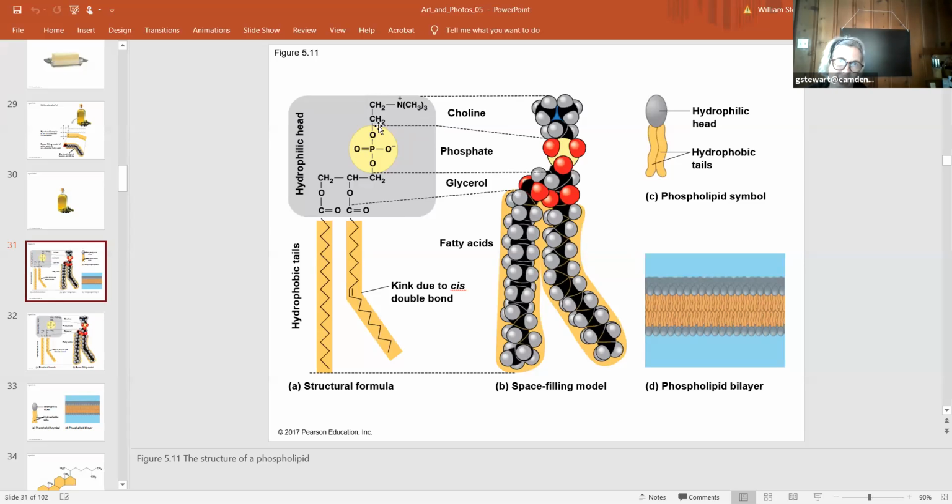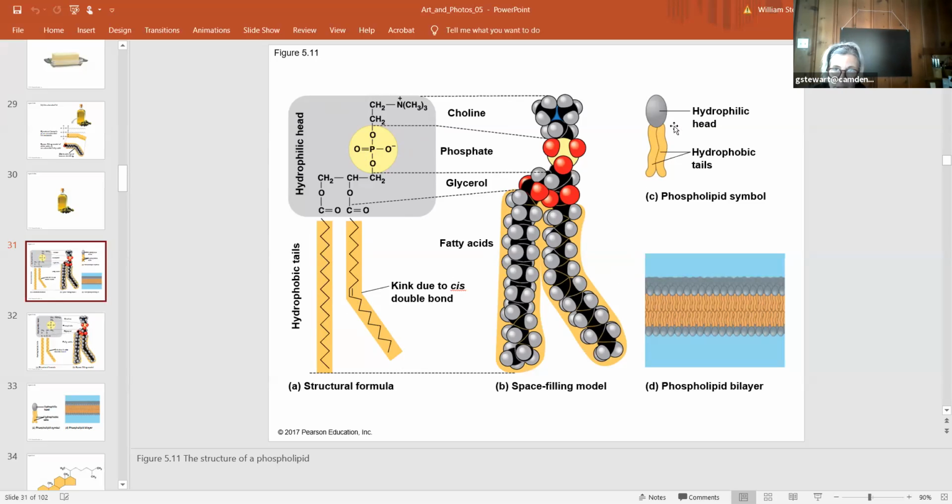This gives the head of the phospholipid a very negative charge. The head we call hydrophilic, because of the charge, it's going to be attracted to water because water is polar covalent. The tails are fat and they are hydrophobic. They do not like to bond with water because there is very little charge here.